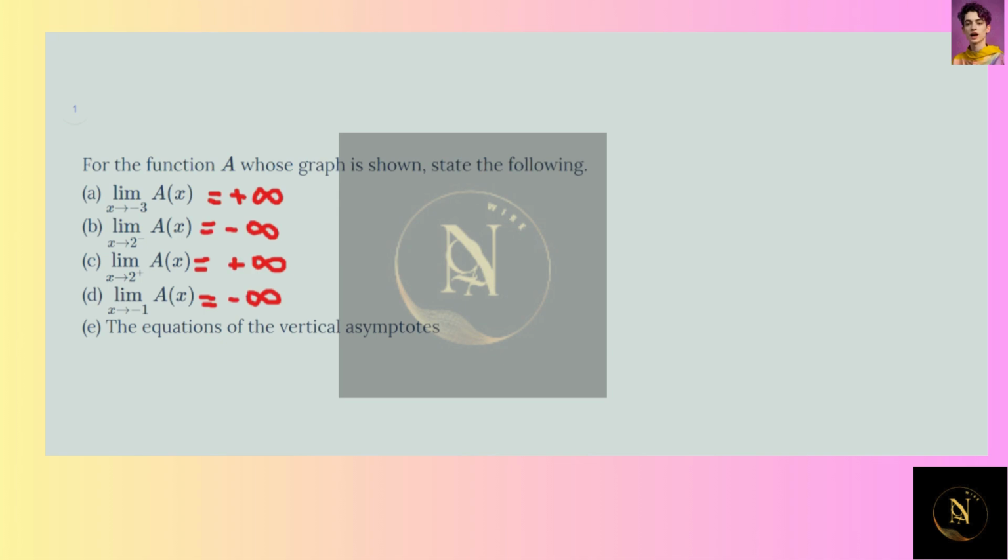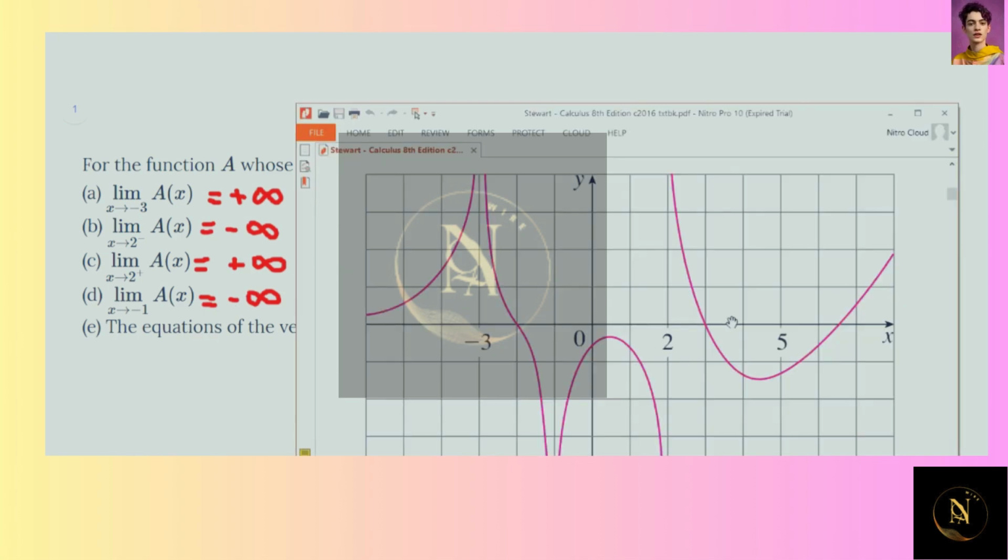Our last question is regarding the equations of the vertical asymptotes. Usually when functions at certain points along the graph approach infinity or negative infinity, they leave this undefined region at these specific x values, and these boundaries we denote as asymptotes, and they are vertical asymptotes.